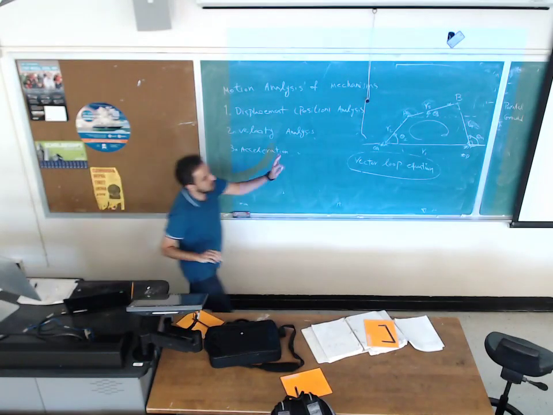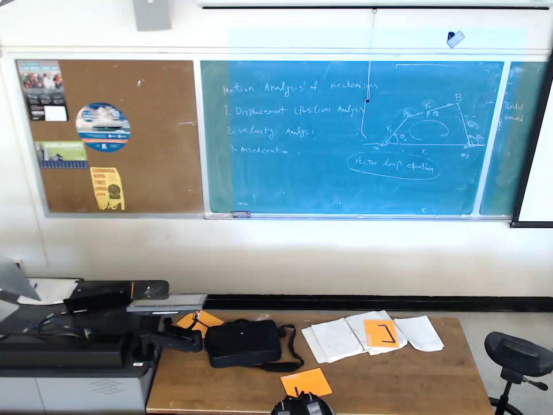If I want to compare the graphical method with the analytical method in different categories, for ease of solution, the graphical approach is easier than the analytical approach, but the analytical approach will be more accurate than graphical. For example, you solve this displacement analysis for theta 2 equals 60.